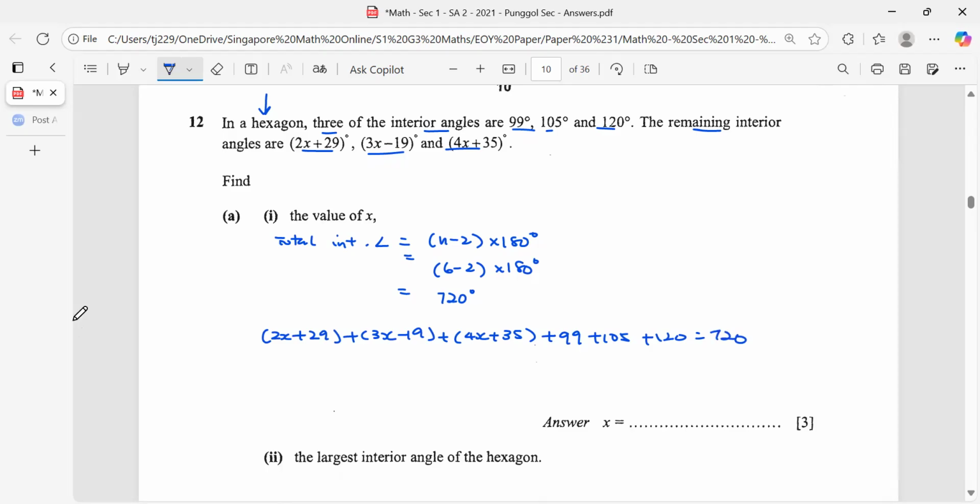Following that, let's reorganize the terms on the left. And I'm going to place all the other integer values on the other side of the equation.